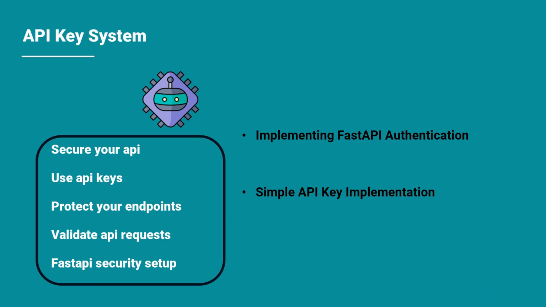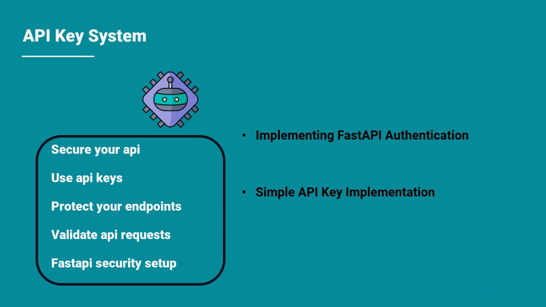Suppose you want to implement a simple API key authentication mechanism with FastAPI. Now, the implementation could look something like this. First, you would import the necessary modules, specifically FastAPI and a few other components for handling security. Then you'd set up your FastAPI app. After that, add a dependency that requires an API key. This could be done using a function that checks for the API key in the request header.